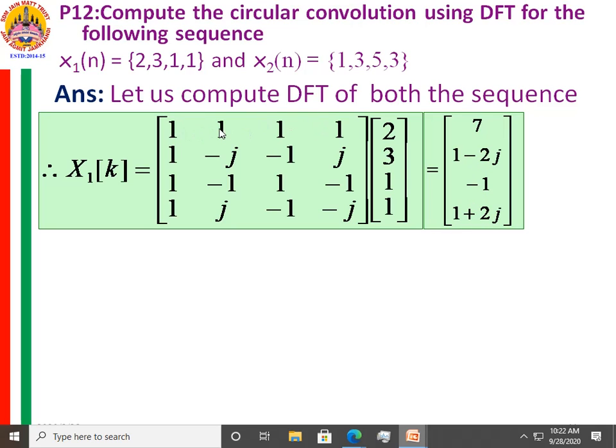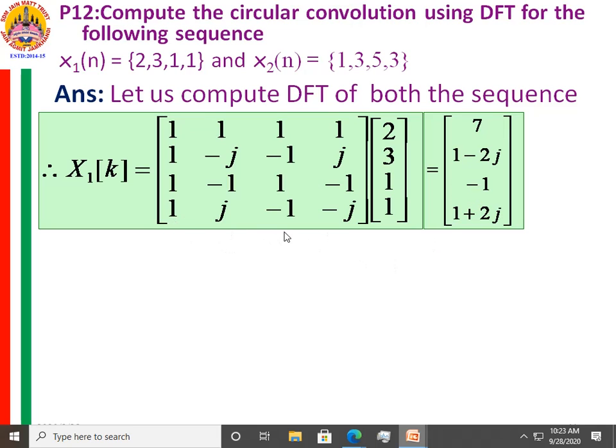This is 2 plus 3 plus 1 plus 1 is 7. The next, when you multiply here with 3, this 2 and minus 1 is 1 plus 1. This minus 3j and this j is minus 2j here. Then next row, when you multiply this row with this column, 2 minus 3 plus 1 minus 1, and therefore you have minus 1.